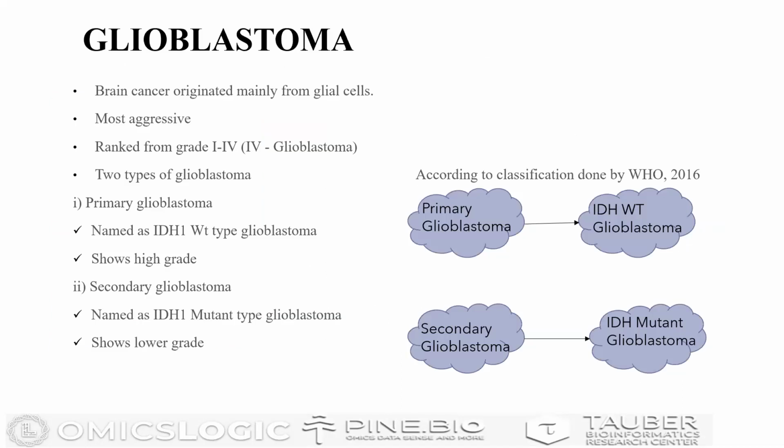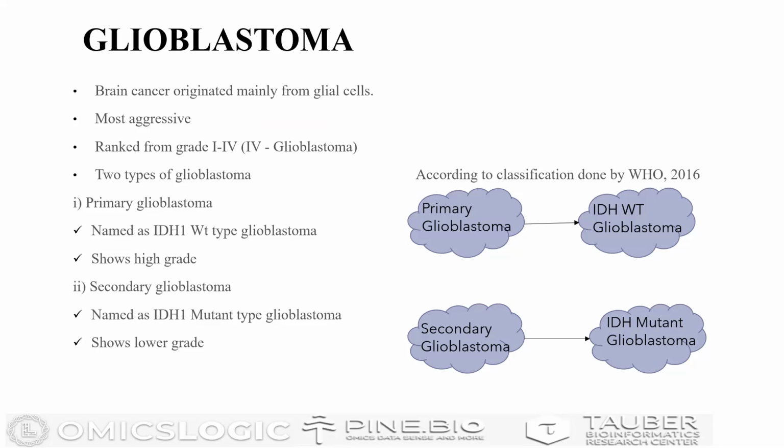Glioblastoma is a type of brain cancer that originates in glial cells and is considered the most aggressive type of tumor. It is generally ranked from grade 1 to grade 4 based on how aggressively they develop. Grade 1 glioma is the least aggressive, whereas grade 4 glioma, also known as glioblastoma, is very aggressive.